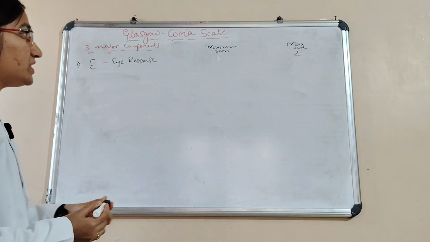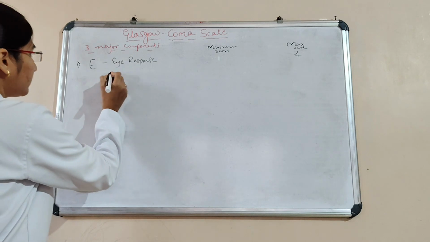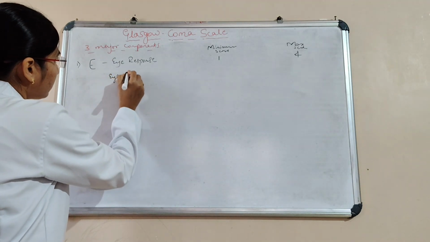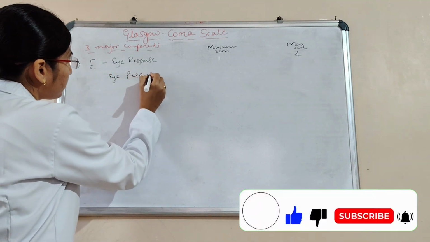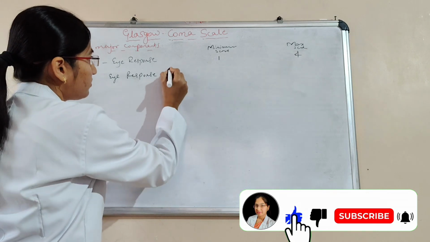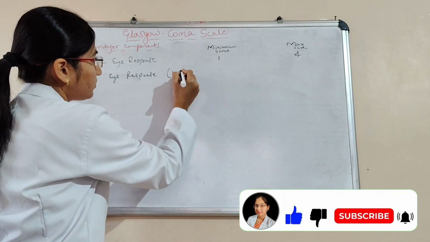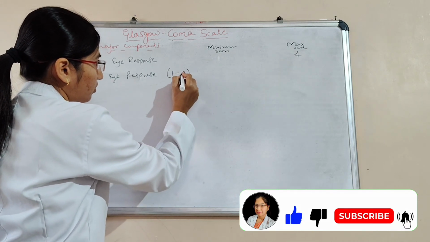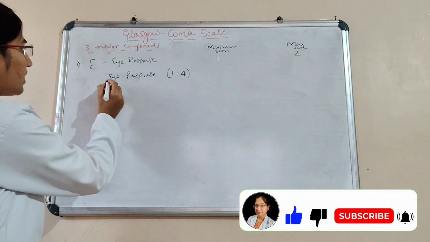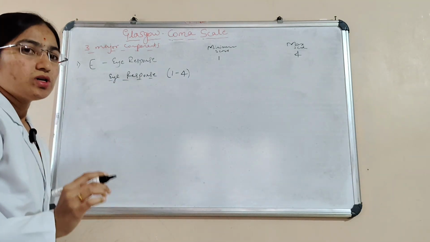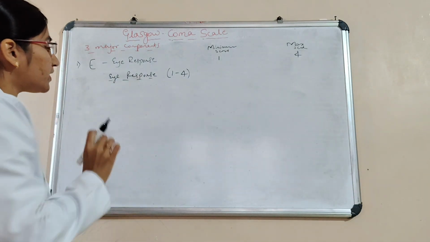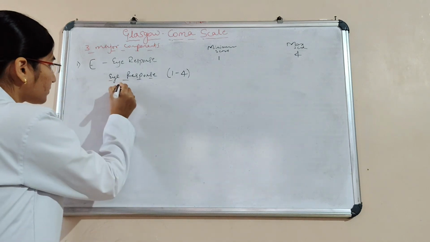What is the score of eye response? Eye response score: minimum score is 1, maximum score is 4. Here, for eye response, we are going to remember it by a short trick.